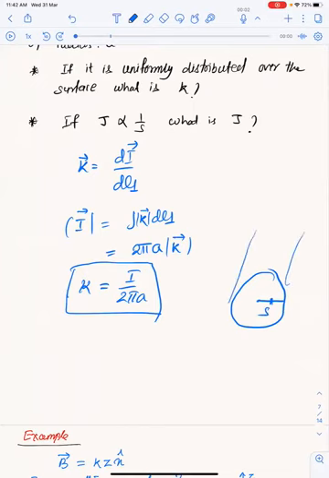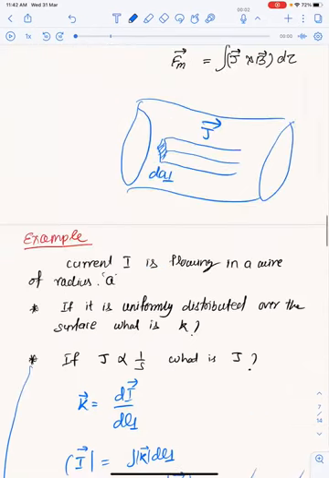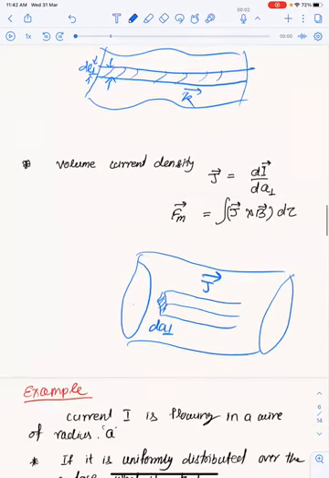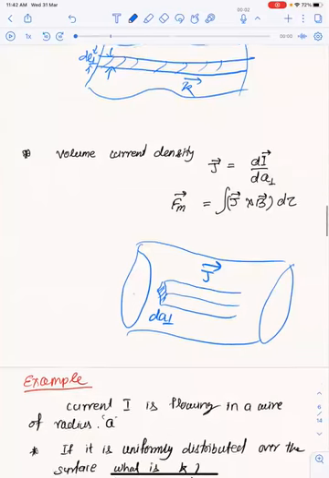At any point S, your J is proportional to 1 over S. Now, your I will be the integral of J dA.